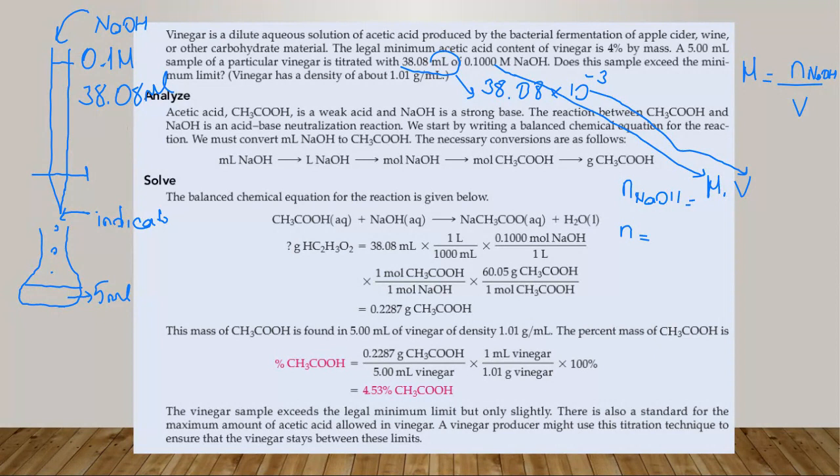38.08 multiplied with 10⁻⁴ mole. This sodium hydroxide moles equal the vinegar moles. And the vinegar moles you have to write as mass divided by molecular mass.